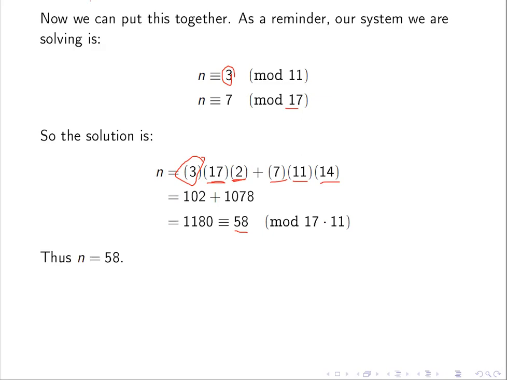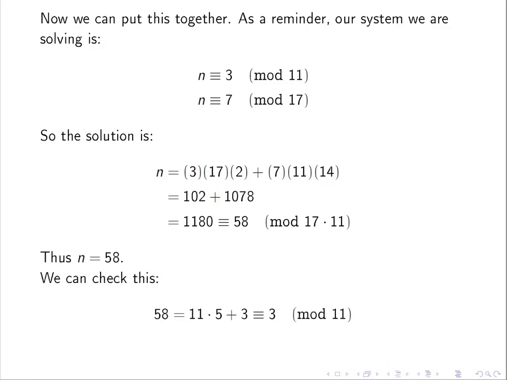So n is 58. Let's just verify that this works. 58 is 11 times 5 plus 3. In other words, 3 mod 11. Similarly, 58 is equal to 17 times 3 plus 7, which is congruent to 7 mod 17. Thus, 58 is indeed our solution to this particular system.